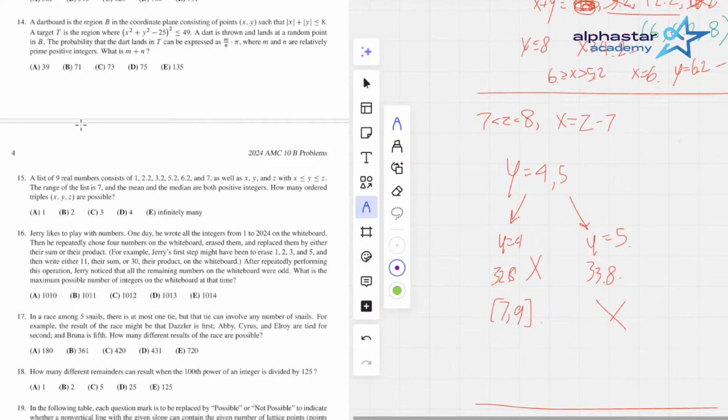this case I'm pretty sure is true. So x is between like 0 and 1. Z is between 7 and 8. And finally, y would have to be between 3.2 and 5.2. So it's either 4 or 5.